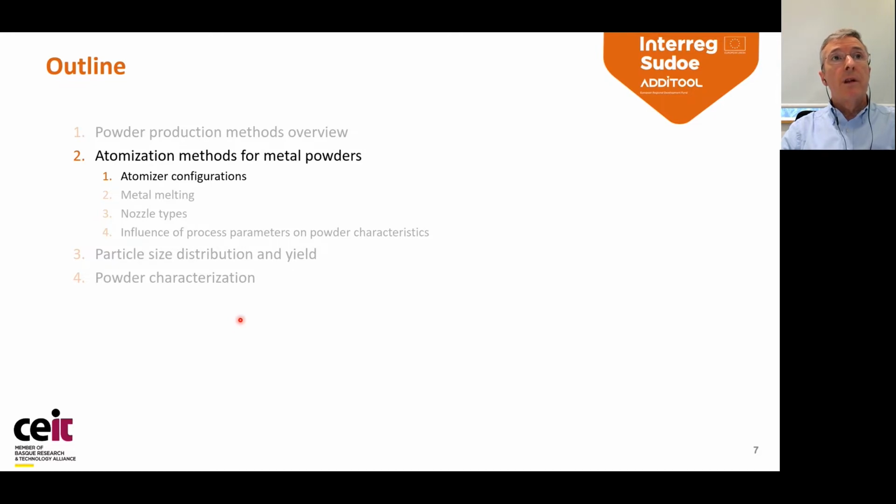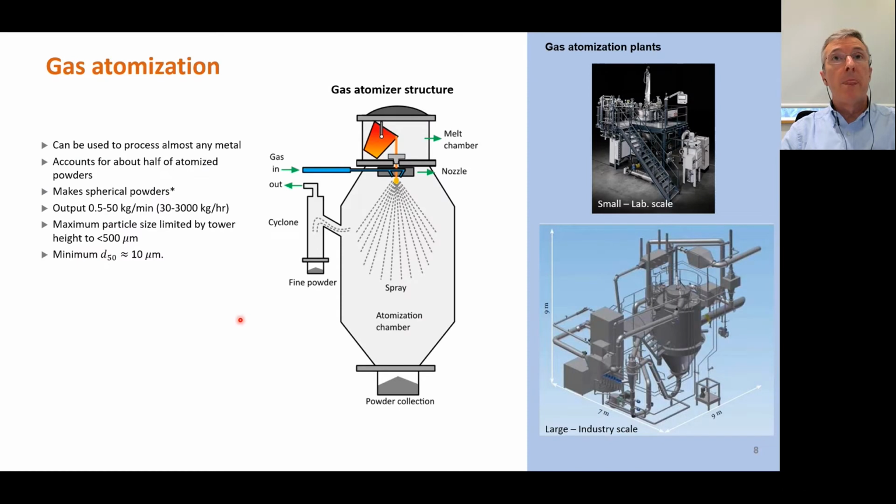Let's move to the second section, atomization methods for metal powders. First, I want to tell something about atomizer configurations. In gas atomization, can be used for almost any metal. It accounts for about half of the atomized powders.